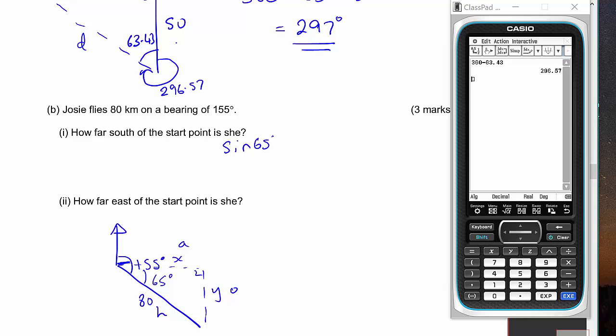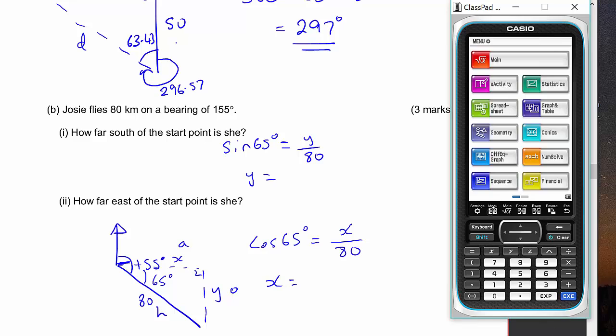So the sine of 65 degrees is going to be y over 80, and then we can find y. And when we find x, that's going to be the adjacent, so that's the cosine. So cosine of 65 degrees is going to be equal to x over 80. And then we can find those.